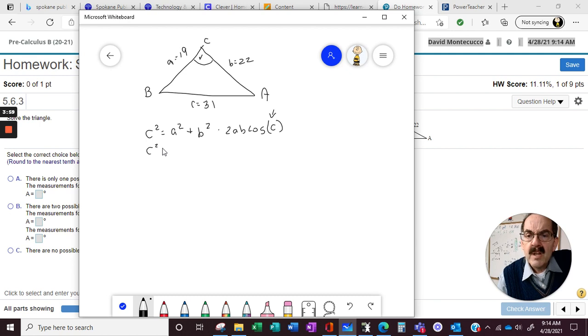c squared, so 31 squared equals a squared plus b squared minus 2 times 19 times 22 times the cosine of c.